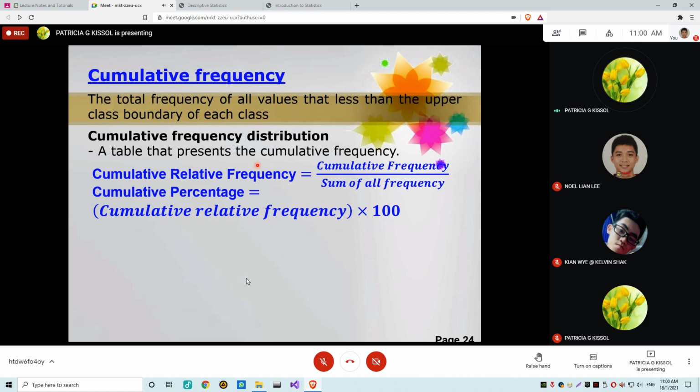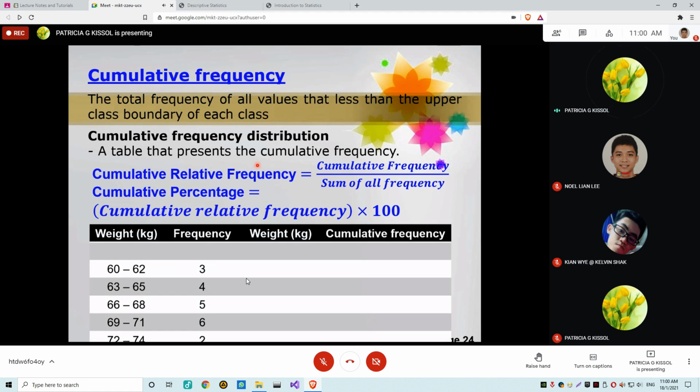Just similar to the histogram just now, we have the frequency, relative frequency and percentage, isn't it? Same thing in cumulative frequency.